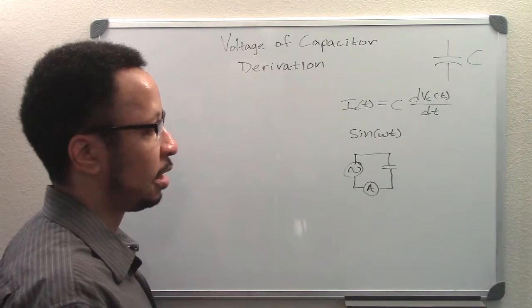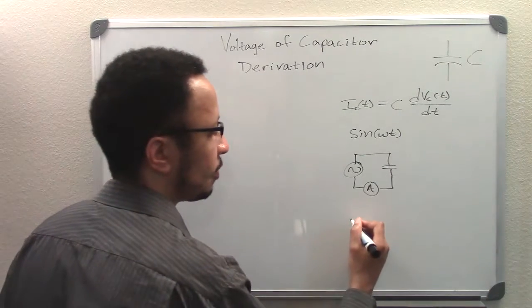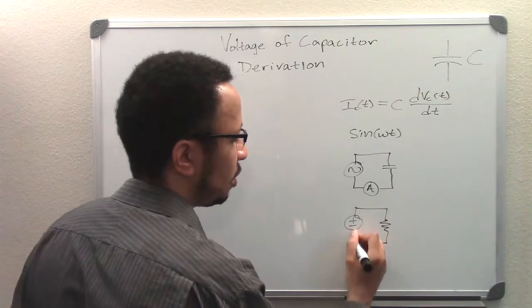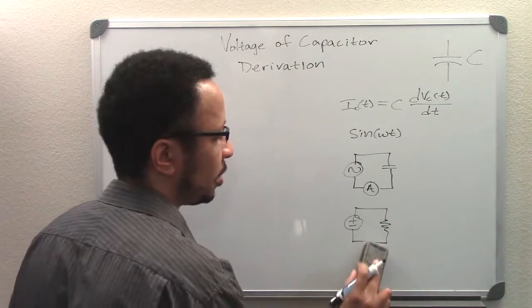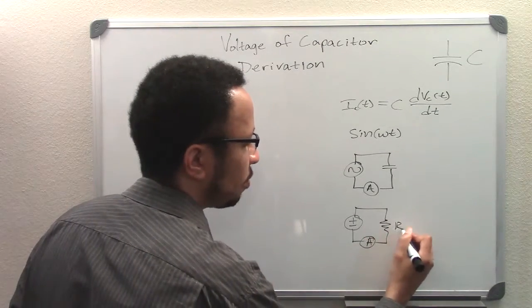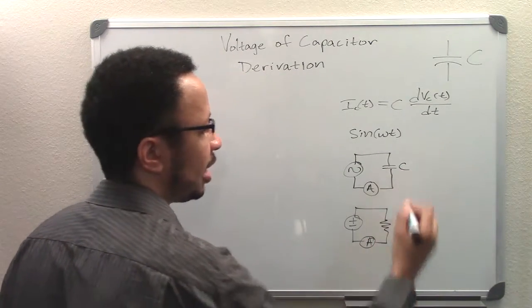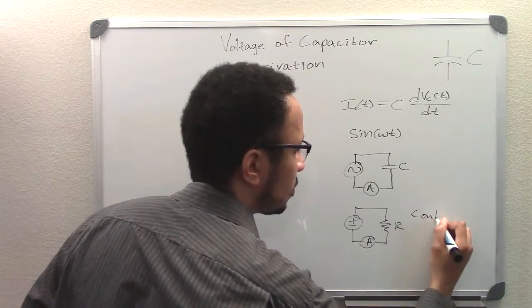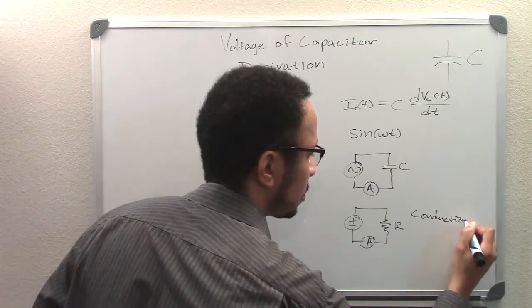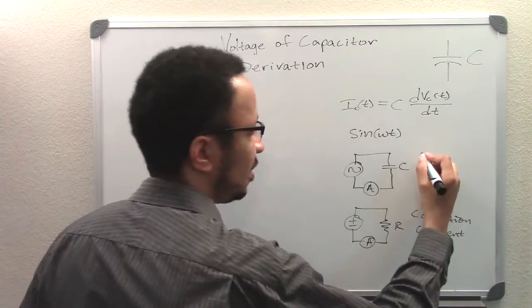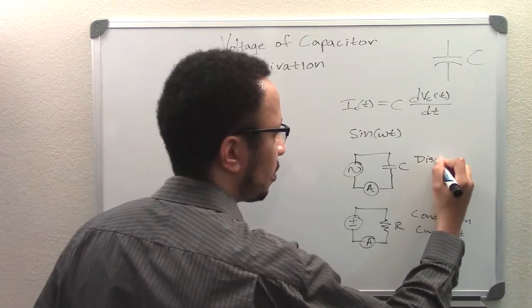It looks like a regular conduction current, which is what you would have if you have a normal regular setup here. You have your amp meter, you have a resistive element. This is a capacitive element. This is a conduction current. This is a displacement current.